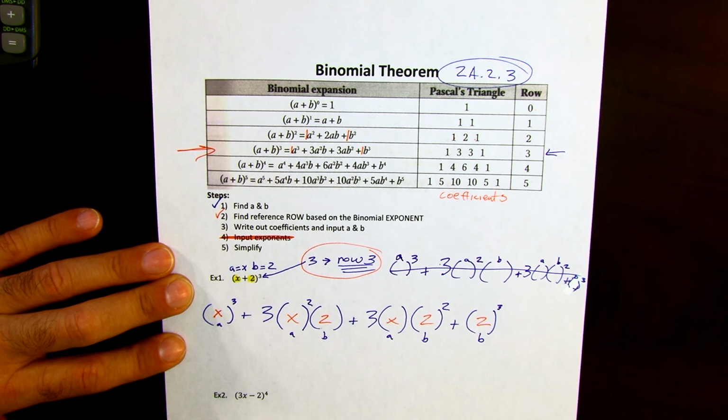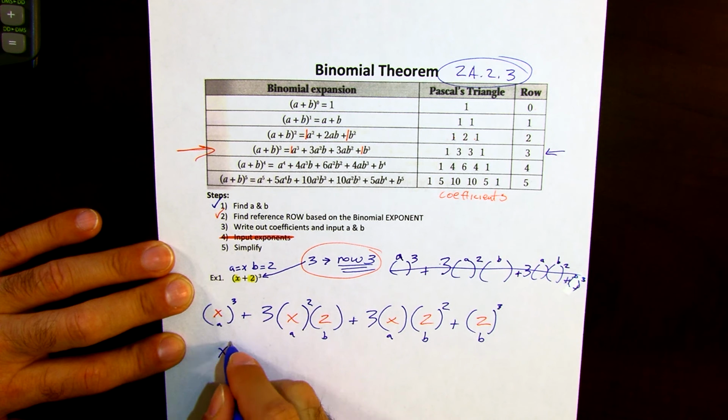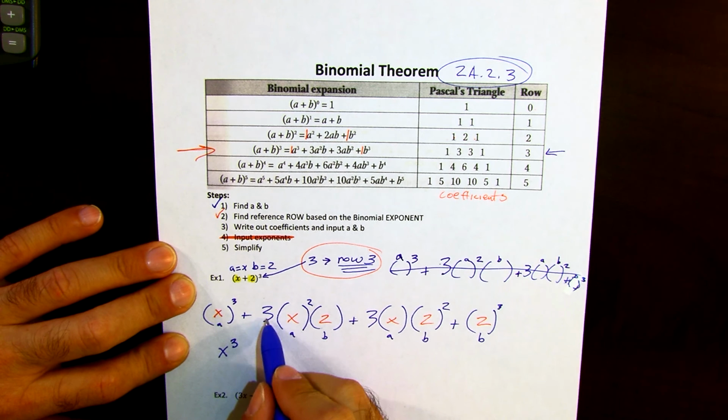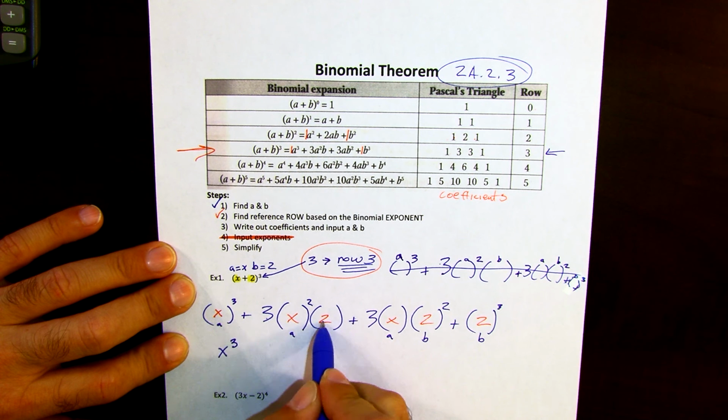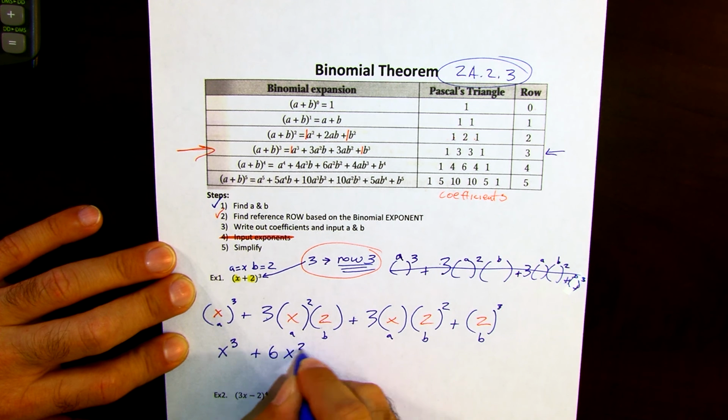Now we just have to go in and simplify it. Let's do it. X to the third doesn't simplify. That is the final. 3 times x squared times 2. We can multiply the 3 and the 2. We get 6. X squared stays the same.